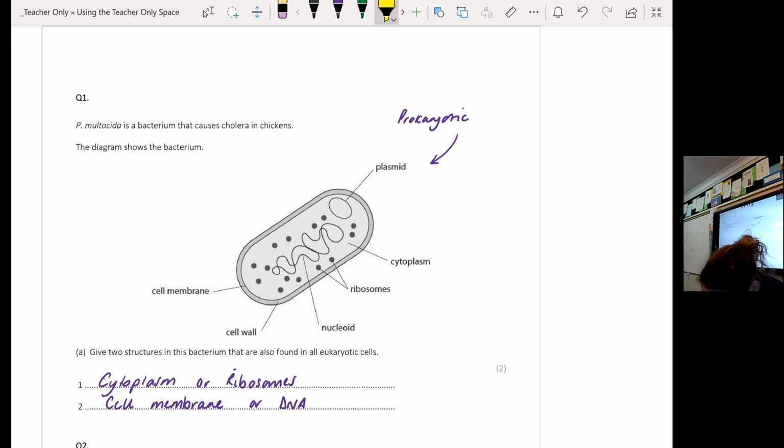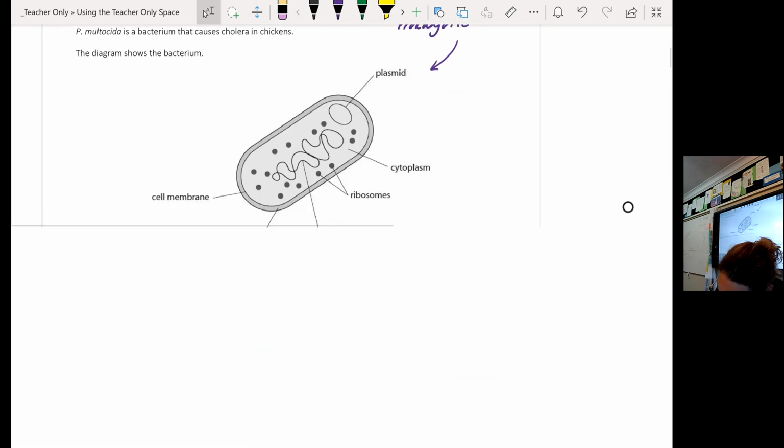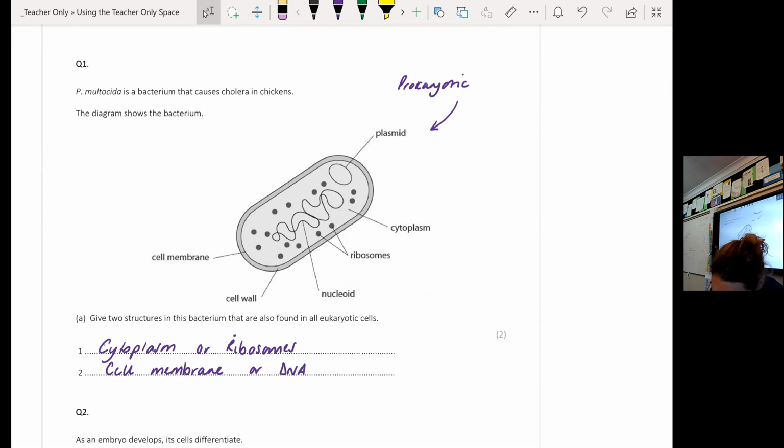Now your question asks you to give two structures in this bacterium, in this prokaryotic cell, that are also found in a eukaryotic cell. Now, eukaryotic cells are my plant and animal cells.